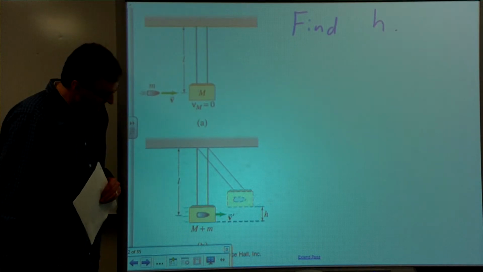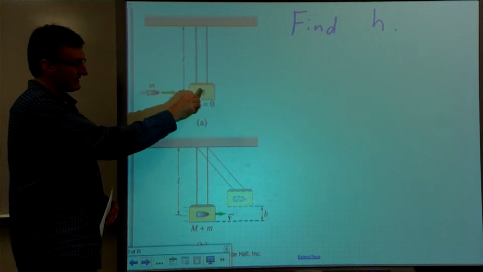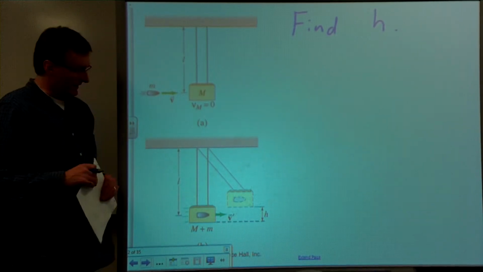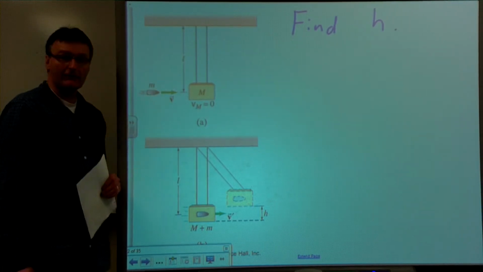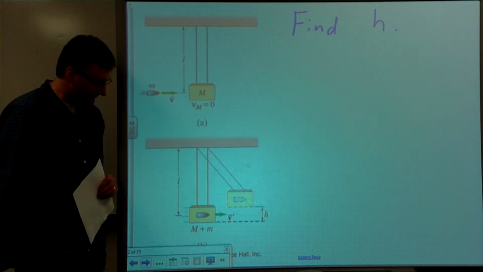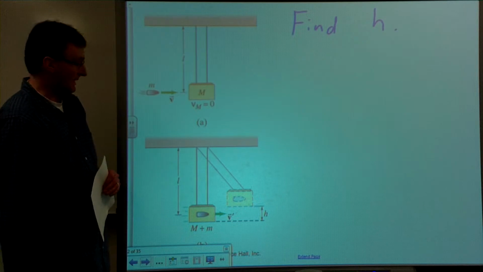Upon impact, the bullet lodges within the ballast itself, and then it swings up to some particular height. Based upon the data that's gathered, they're able to determine the velocity of the bullet after it's fired from a rifle or a handgun, as the case may be.